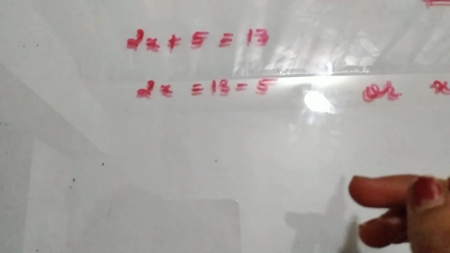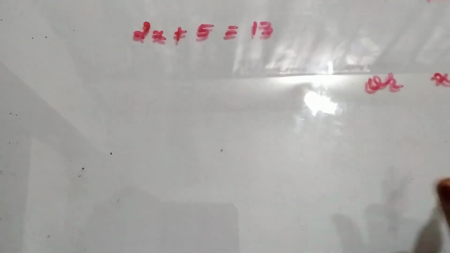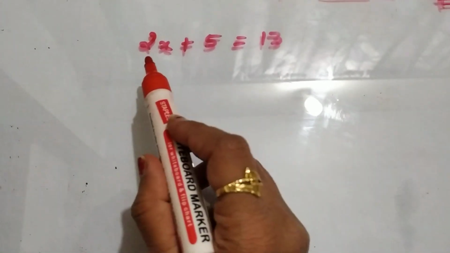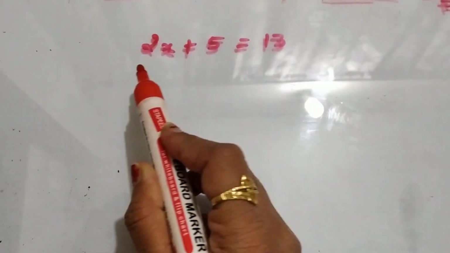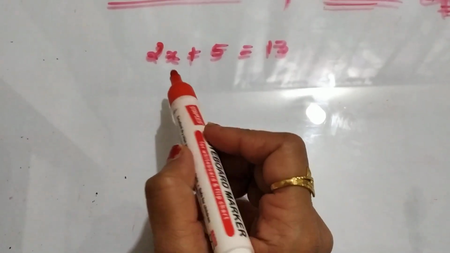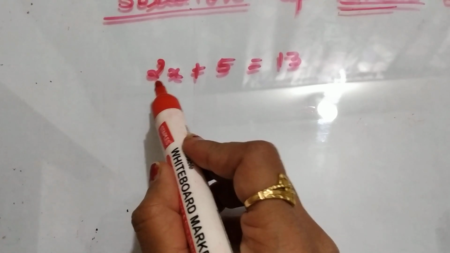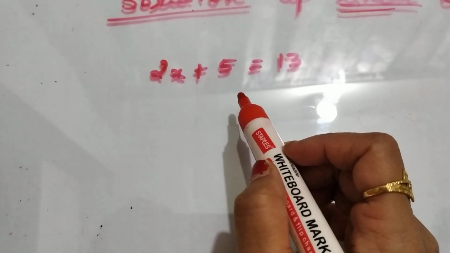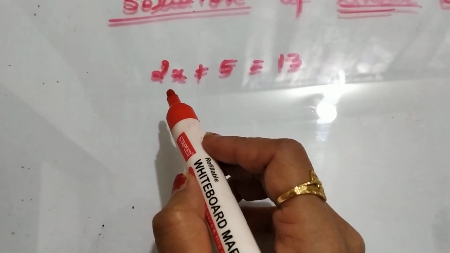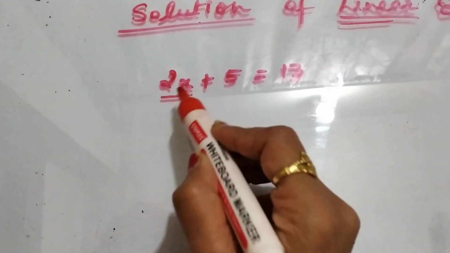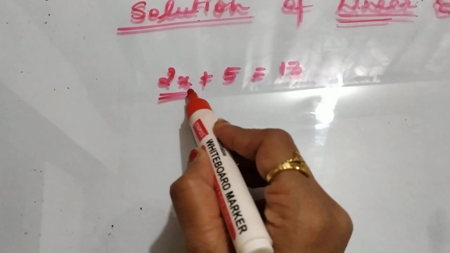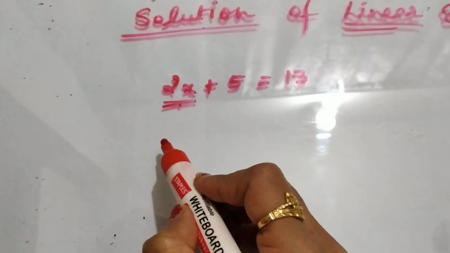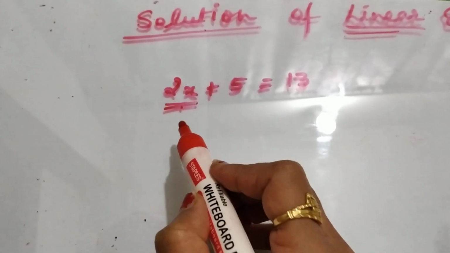Now, whenever you study the equation 2x plus 5 equals 13, which number do you read with x? You said 2x. That means the number we read first with x is x's best friend.